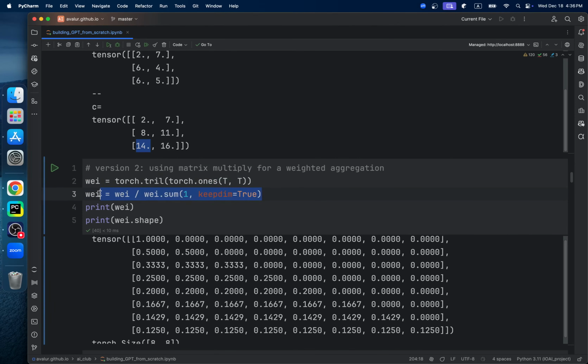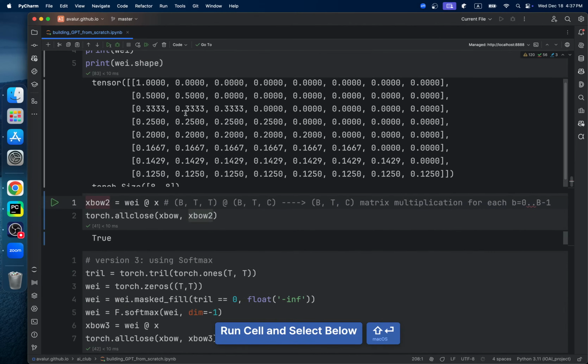So here we add one line, we divide the original matrix by the sum inside each row. And the result is a matrix of weights. So the first row is a binary vector. Then the second has only 0.5 in the first 2 places, and so on. So these are the weights for averaging.